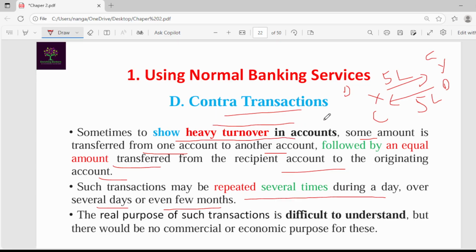Due to this heavy turnover, the transactions become difficult to understand. These accounts generally do not have any commercial or economic activity. They are opened simply for doing turnover. They want to just show high turnover in those accounts.